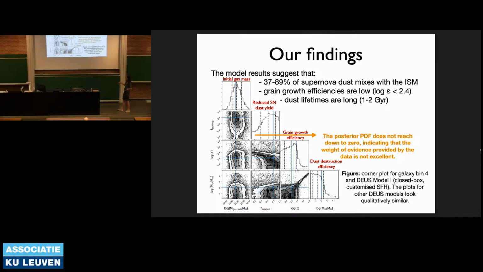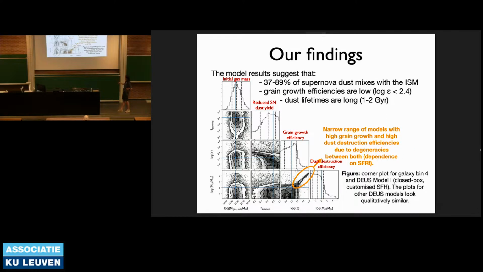I should mention that, in all honesty, there is still some uncertainty in the models. What you ideally want, like here, is that the posterior probability distribution completely goes down to 0. So it does indicate that we need better data to fully rule out some parts of parameter space.